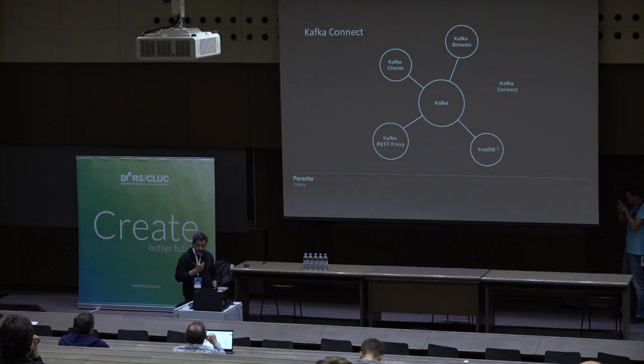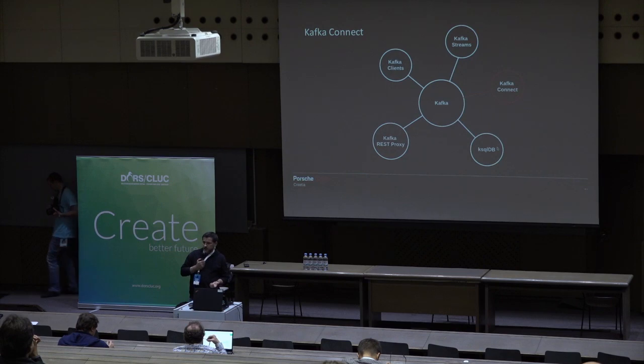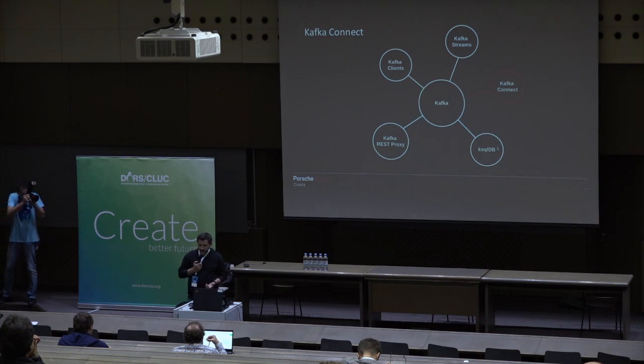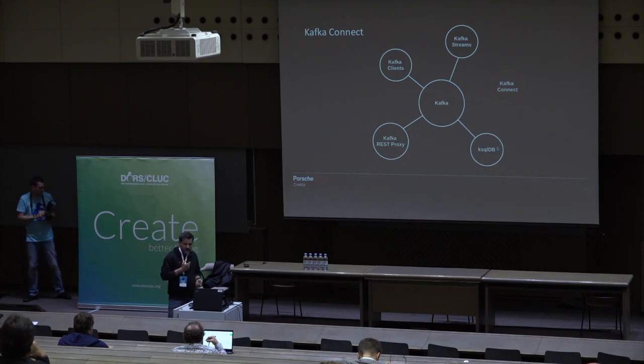Kafka Connect is the next component in the Kafka world, and it is used to get data from an external system to Kafka and vice versa. So basically, if you have a database or, I don't know, Elasticsearch or any popular system that many people use, somebody already programmed the solution to get the data from that system to Kafka, and that's why you don't have to do it yourself again.